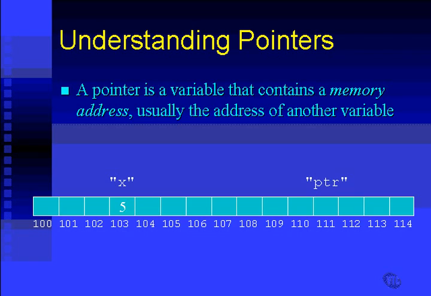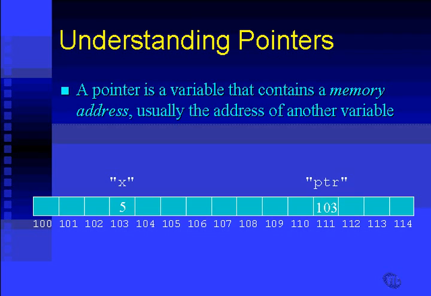Okay, so in other words, look at the paragraph above. A pointer is a variable that contains a memory address, usually the address of another variable. I'm going to say that the variable called pointer contains the address of the other variable. I'm going to say it contains the address of x. In other words, it contains 103. Now that looks like it contains an integer, and I guess it does in a sense. I mean, a memory address is an integer value.